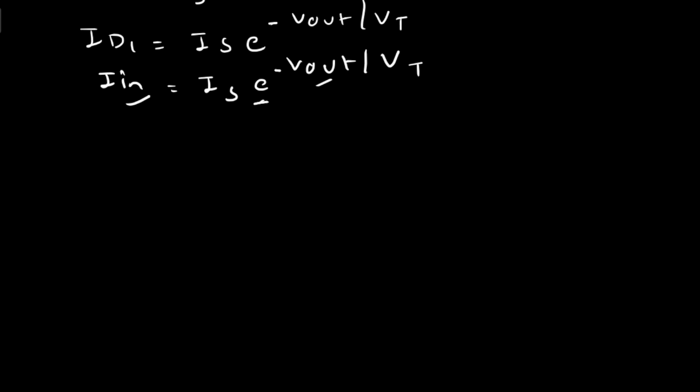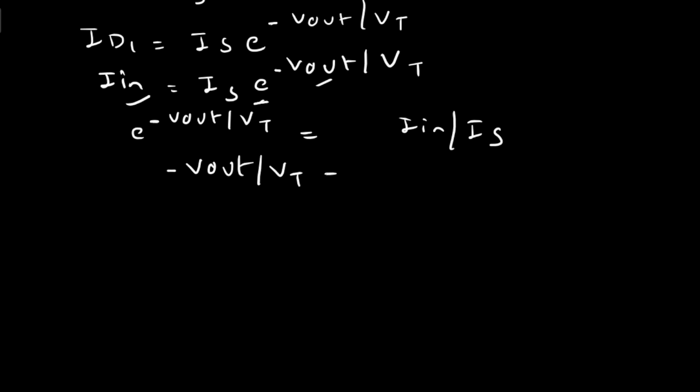But for a logarithmic amplifier, you have to convert this exponential into the corresponding logarithm. I can write it like this: In by Is equals e power minus Vout by Vt, so minus Vout by Vt equals ln of In by Is.